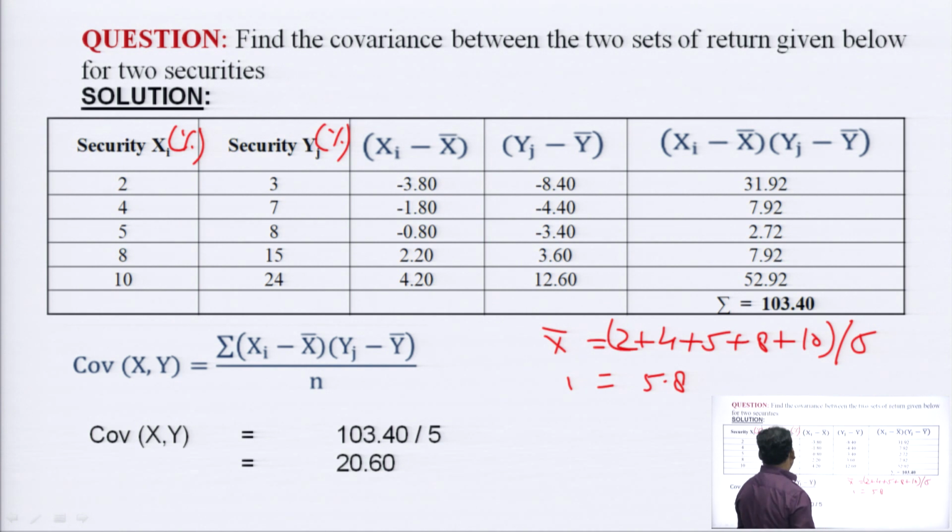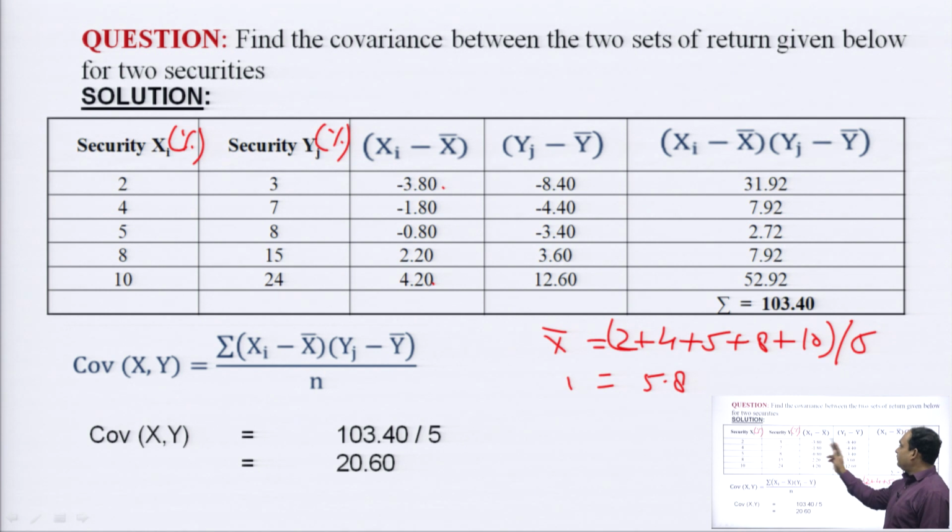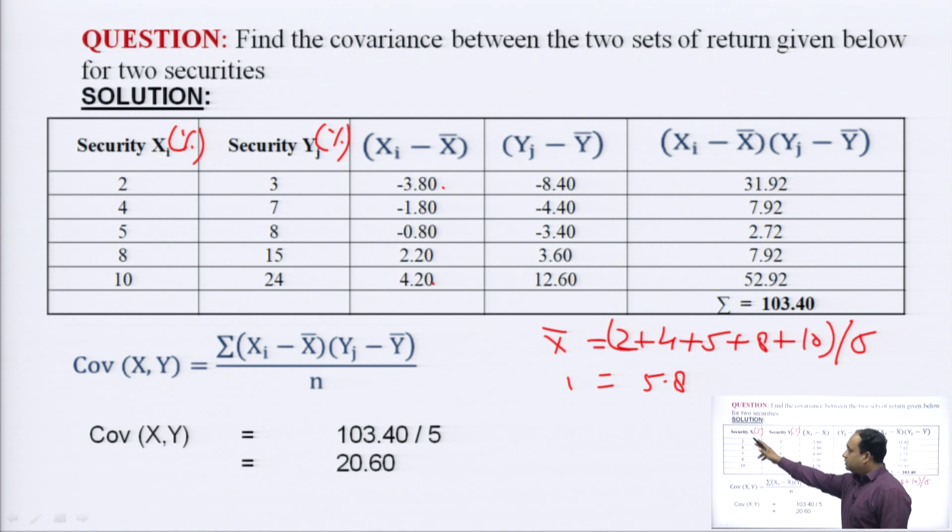This is the x bar. Now x minus x bar: 2 minus 5.8 is minus 3.8, 4 minus 5.8 is minus 1.8, 5 minus 5.8 is minus 0.8, 8 minus 5.8 is 2.2, and 10 minus 5.8 is 4.2. So here we calculate the deviation between the security return and the mean value.